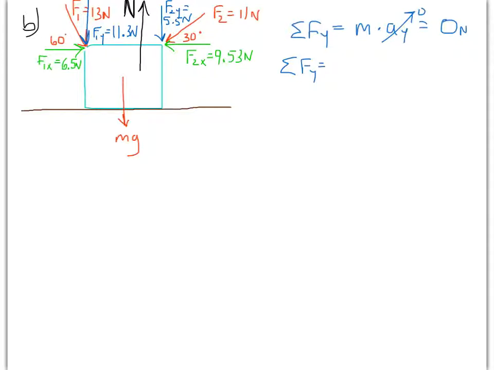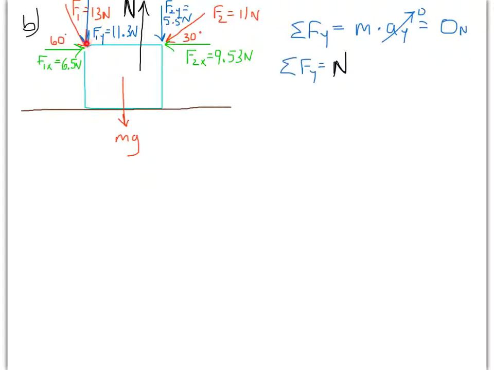So we're going to call up positive and downwards negative. So I'm going to write my normal force first, right? Normal force is up and it's positive. So normal force minus what? All these other downward acting forces.